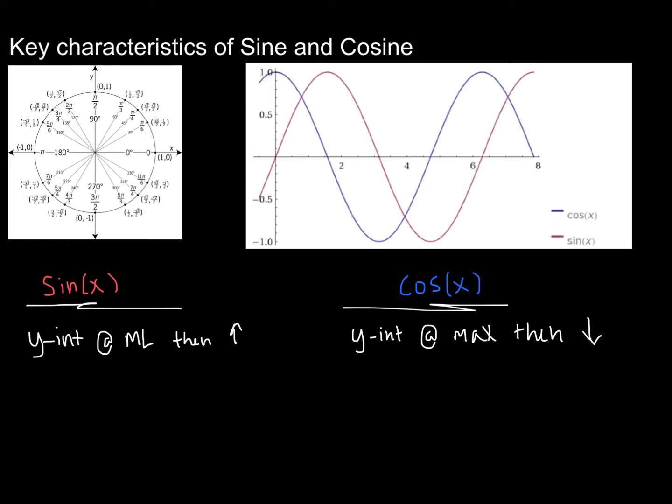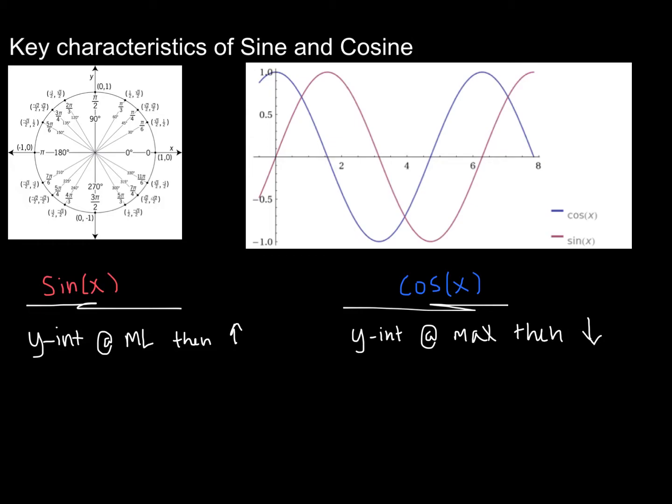So now I want us to look a little deeper at the relationship between the two. Notice that the sine function seems to match up perfectly with the cosine function, right? If we were able to shove the cosine function over to the right, it would match up perfectly.